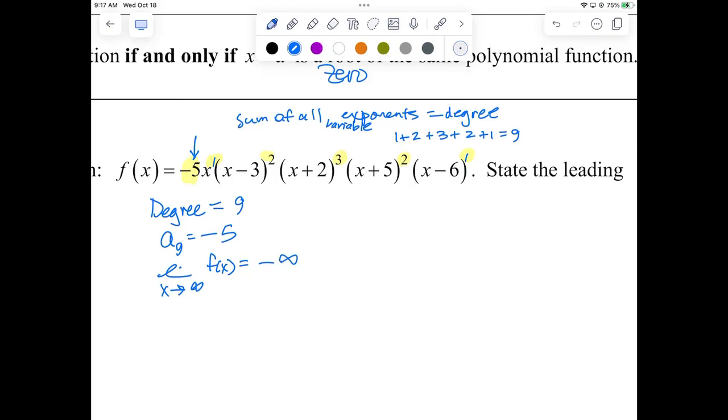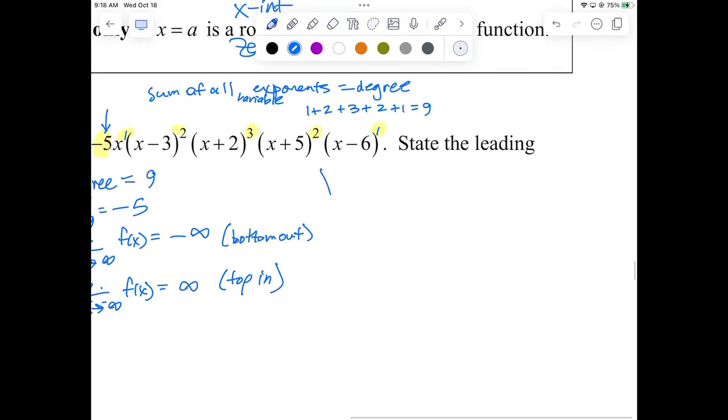The leading term sign gives you the right end behavior. So we know it exits the bottom. It's bottom out. Now we know because it's an odd degree polynomial, what's the left end behavior? Positive infinity. So it's top in, bottom out.